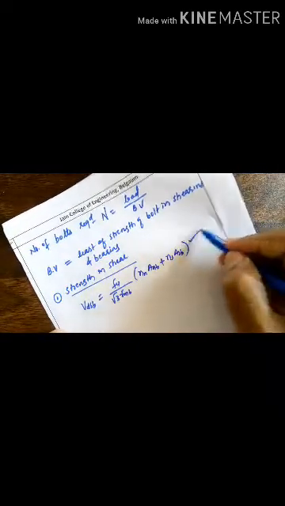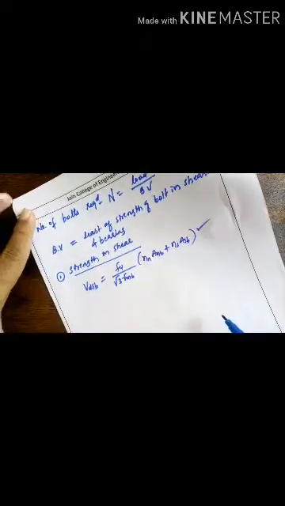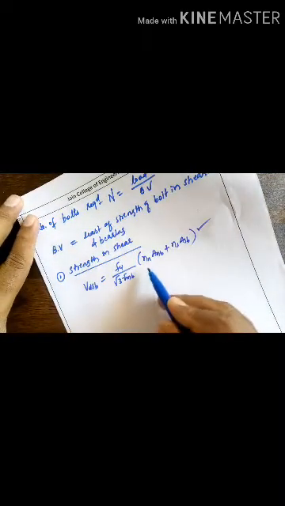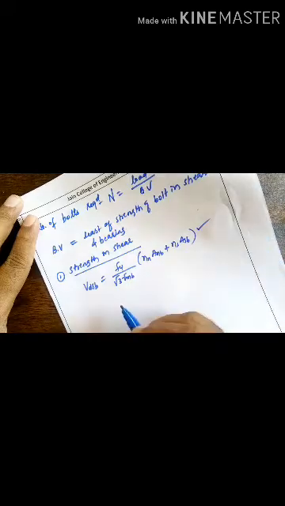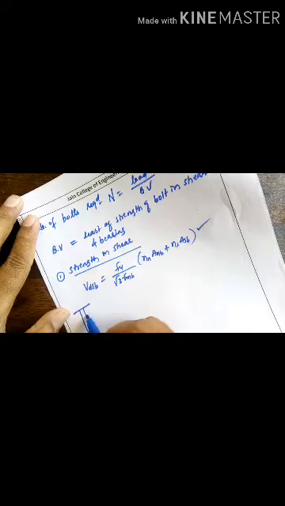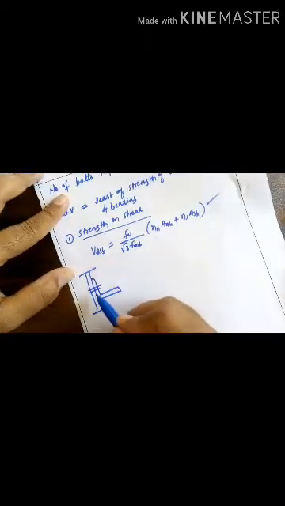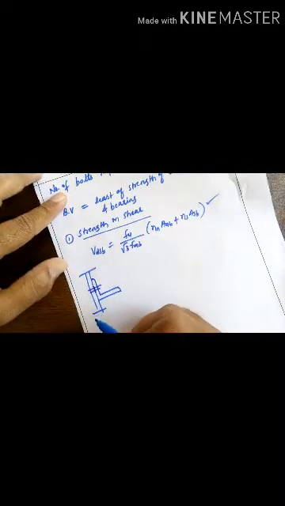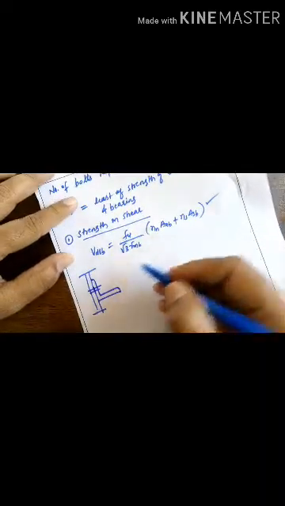This formula we know; we have solved many problems in bolted connections. You know how to take nn and ns here. Since the angle is connected to the gusset plate like this, a single angle, and here is the bolting, this will be single shear. Here you will get only one shear plane.